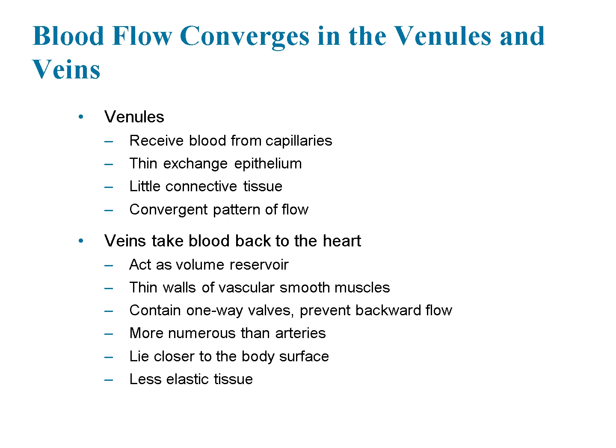Veins are also more numerous than arteries and tend to lie closer to the body's surface, making them visible beneath the skin. Together, venules and veins form a low-pressure system that steadily returns blood to the heart, ensuring that circulation remains continuous and balanced throughout the body.